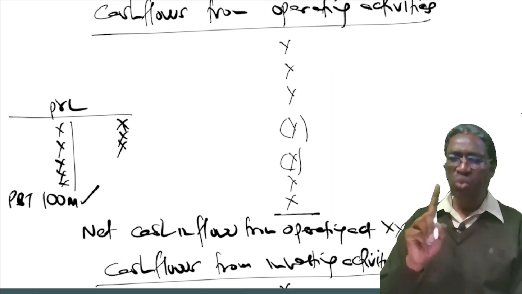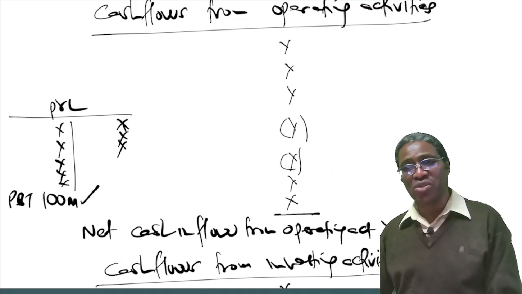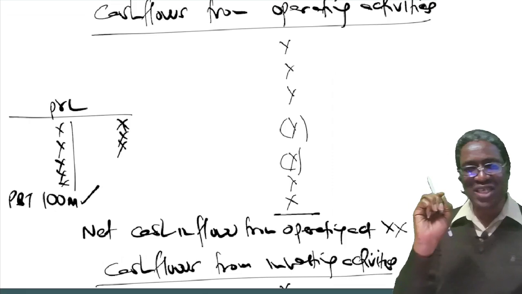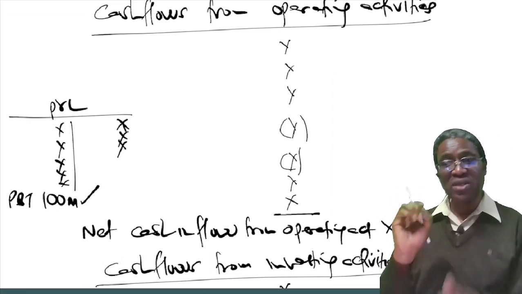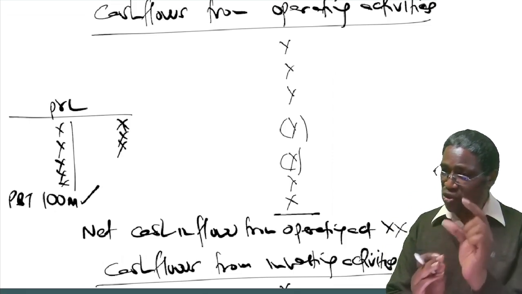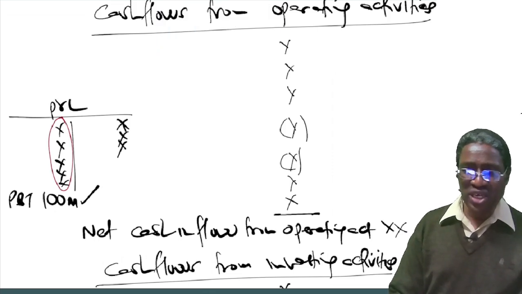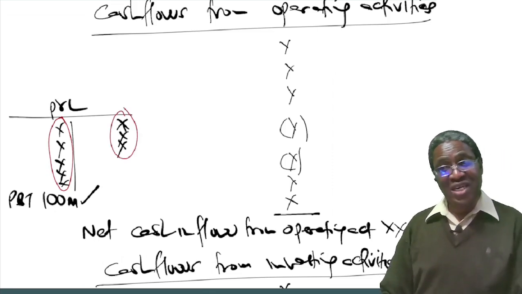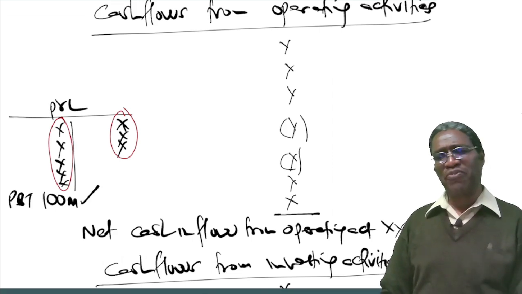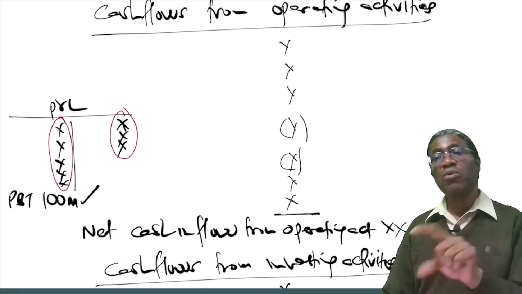I have said operating activities are those transactions that are used in the determination of profit. I also said, if everything in the income statement, either on the debit or on the credit, was by cash, then it is reasonable to presume that whatever you got as your profit before tax represents your net cash flow from operating.